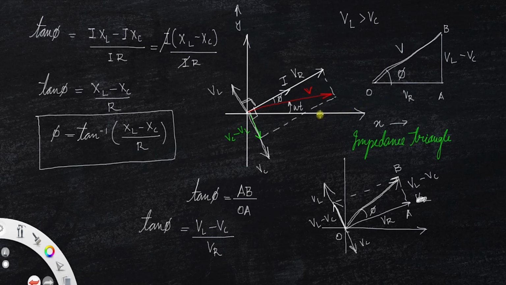Now we need to find the maximum value of current, and we need to find the condition for resonance in an LCR circuit.